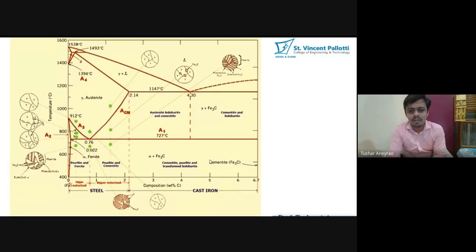You can see here cementite Fe3C is written, and that Fe3C is present at sharp 6.7% carbon, not less than that and not more than that is required for Fe3C, that is cementite.